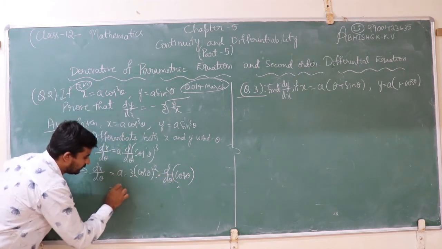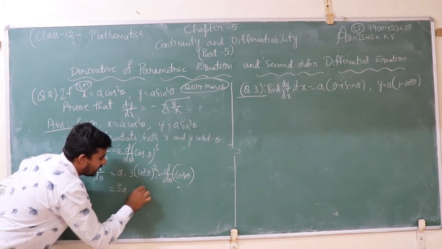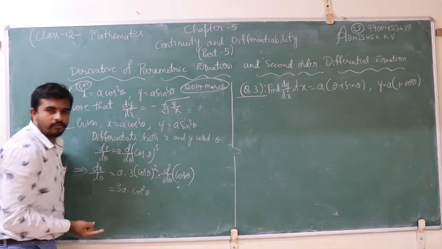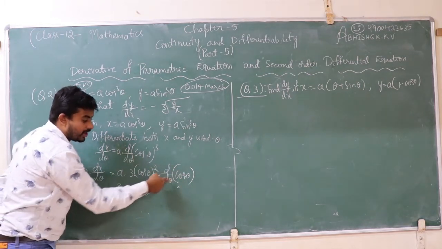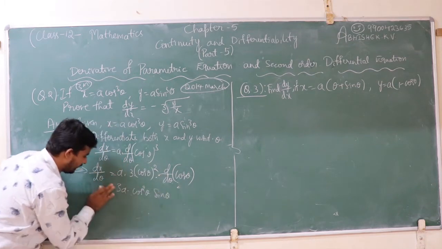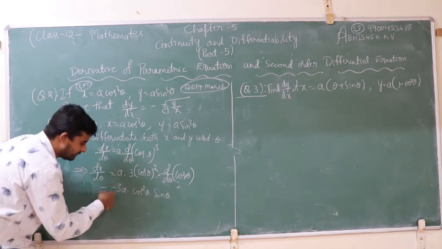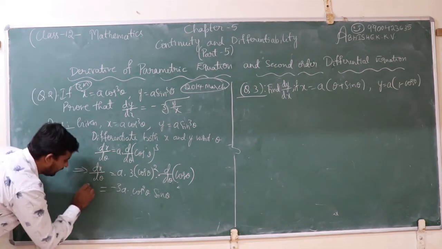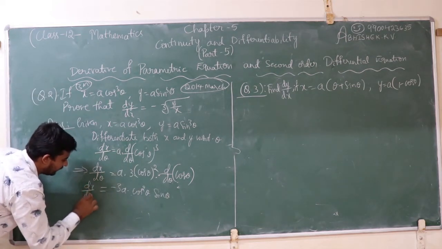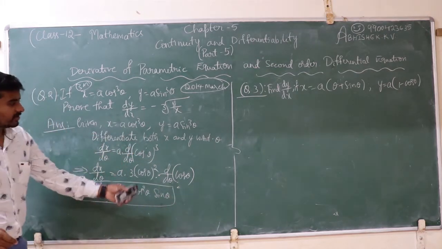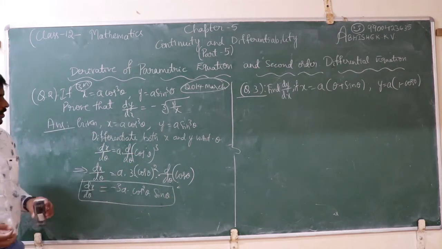This is equal to 3a cos square theta into the derivative of cos theta with respect to theta. This is minus sin theta, so I write minus here. That is minus 3a cos square theta sin theta. This is what? dx by d theta. dx by d theta is minus 3a cos square theta sin theta.